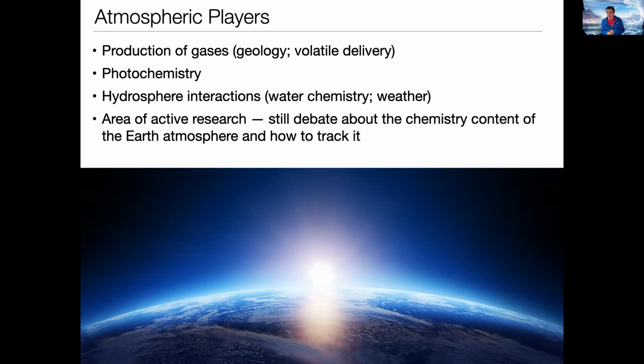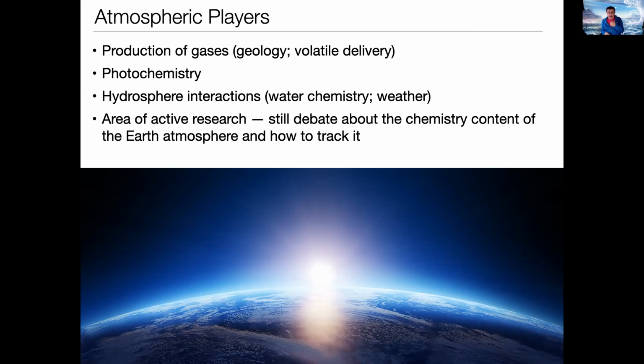That's what protects us, and that's why the ozone hole is such a big deal. The way it does that is the ultraviolet light is absorbed by ozone, which breaks it into smaller components of oxygen. Okay, so photochemistry is still playing a role today in the Earth's atmosphere, but it was particularly important in the early atmosphere for driving changes that led to the atmosphere that we enjoy today.